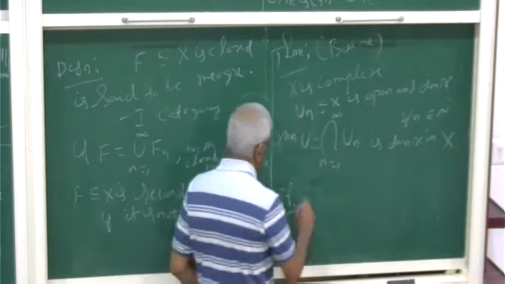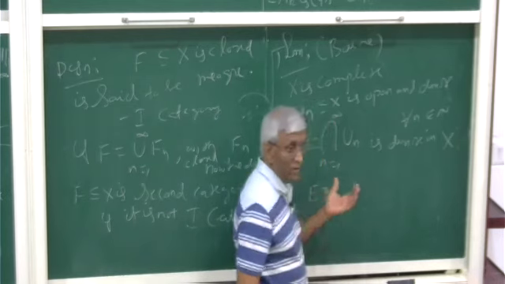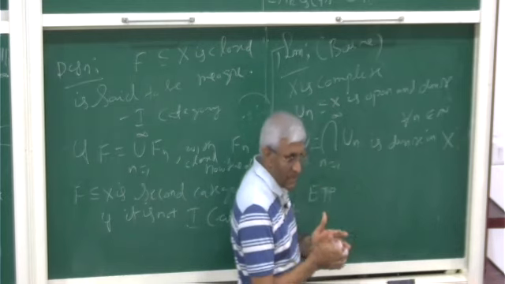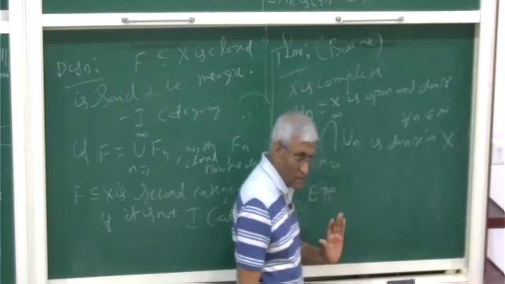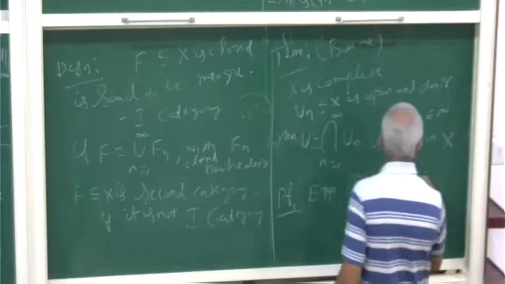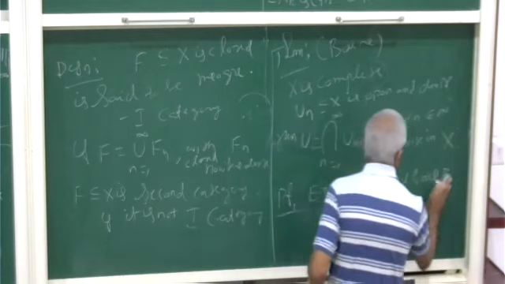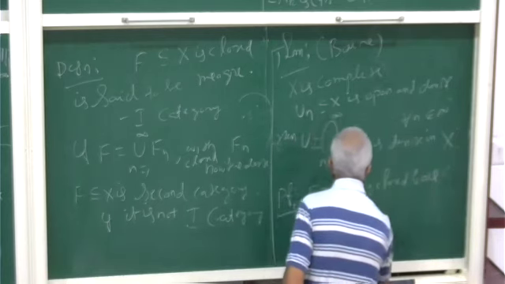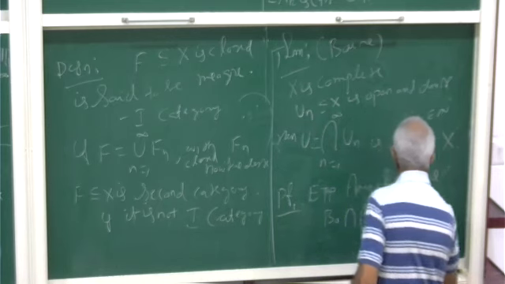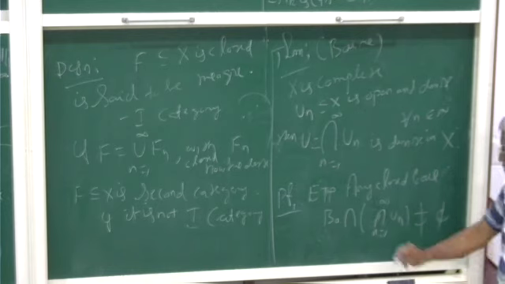It is enough to prove that any open ball intersects with this. Any open ball will contain a closed ball of half that radius, so it will be enough to prove that any closed ball intersects. Let's call this B0. It is enough to prove that B0 intersected with the intersection over n equal to 1 to infinity of Un is not empty.